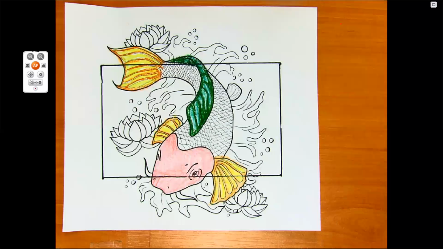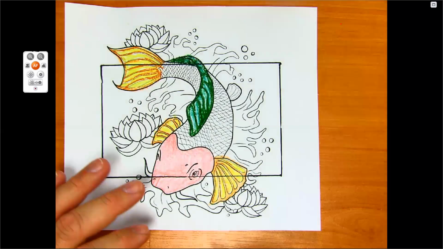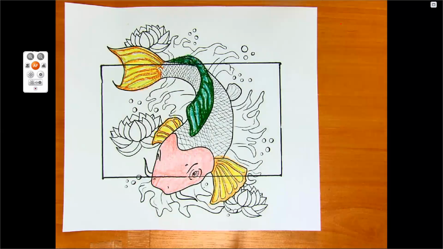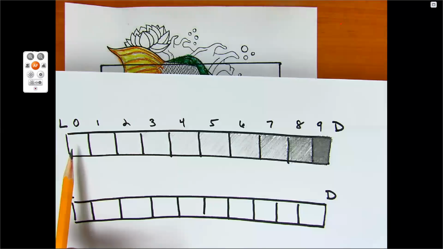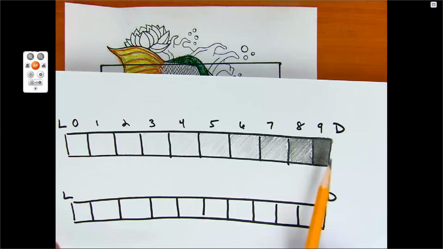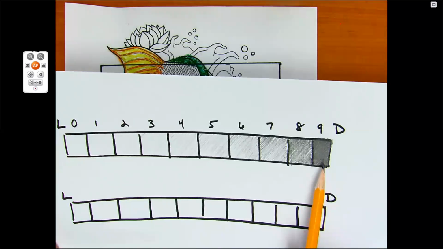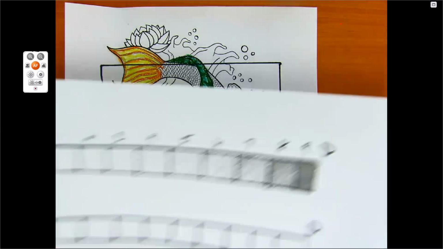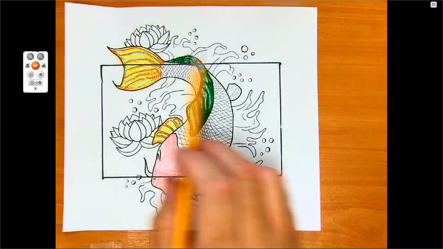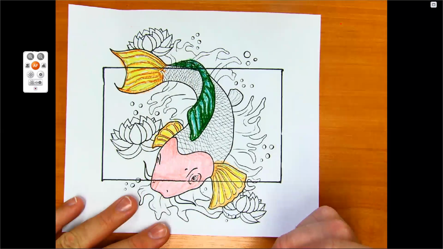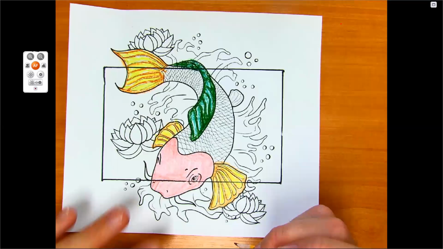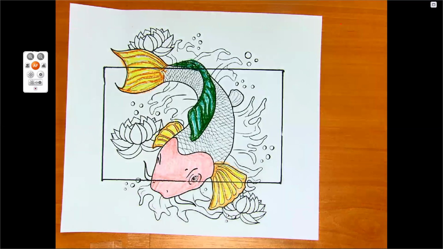Okay, so I think what we could do is do it this way. We see that our 0 is our lightest value and our 9 is our darkest value. Now, a really cool thing that you can do in order to make these things look 3D is pick where you want different values. The way that you make things look 3D is by choosing values that are next to each other.